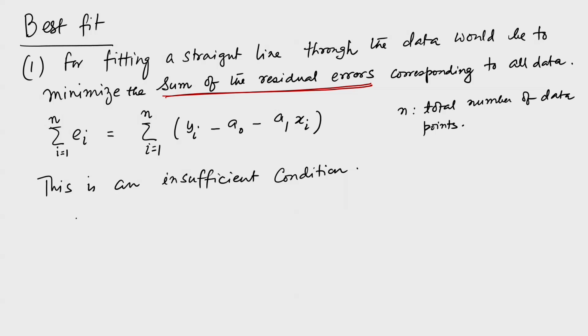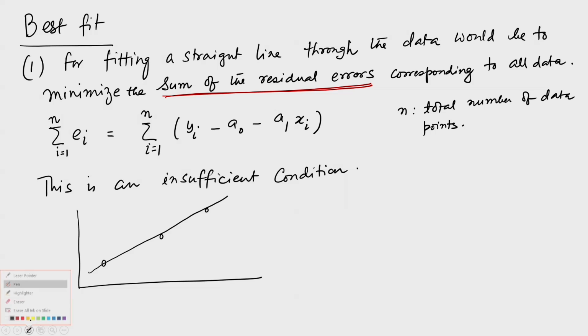Let us take an example of, say, 3 data points, and one can actually draw a straight line through all these 3 data points. But you see, if you want to minimize this, even this line, let me draw it with a different color, even this line which passes through the midpoint of these 3 points is an equally probable plot, though it looks really bad.